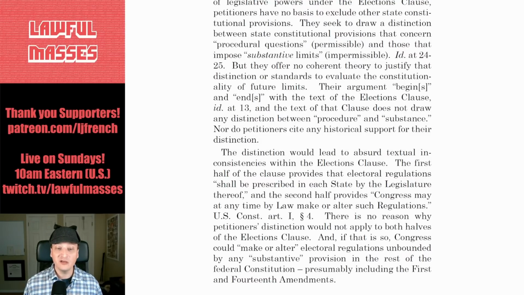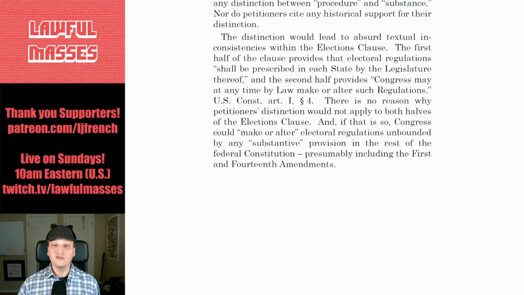Their argument begins and ends with the text of the Elections Clause, and the text of that clause does not draw any distinction between procedure and substance. Nor do petitioners cite any historical support for their distinction. The distinction would lead to absurd textual inconsistencies within the Elections Clause.